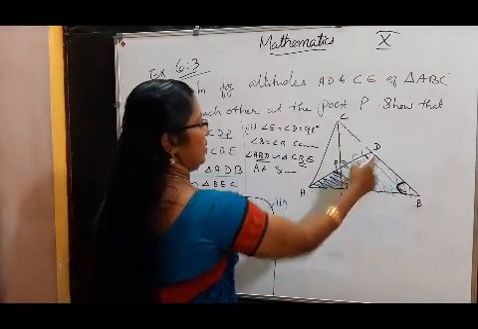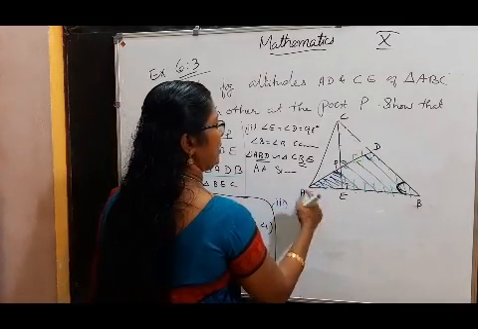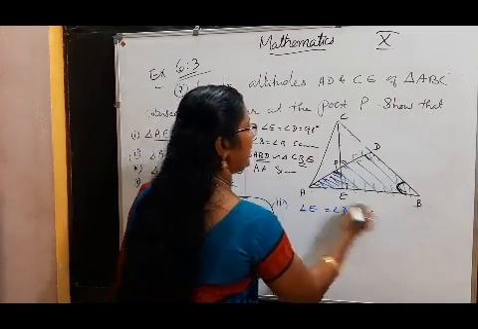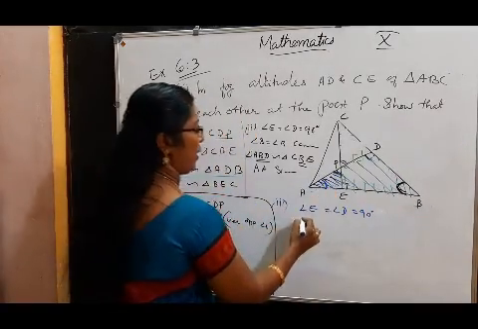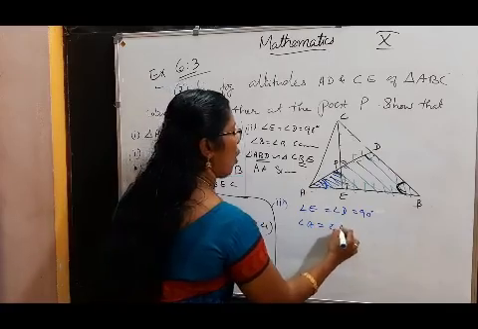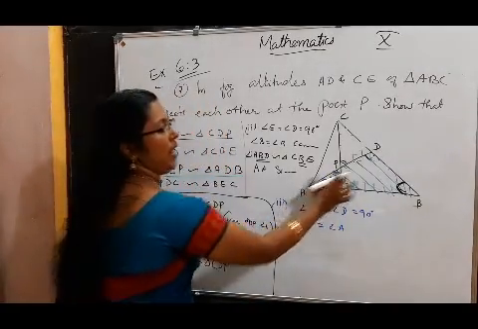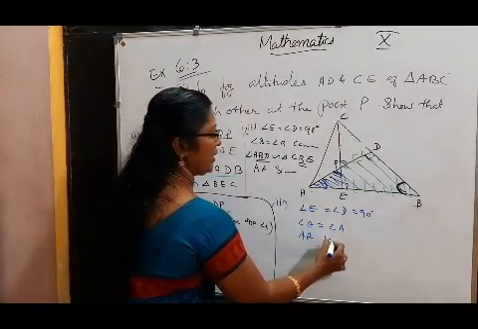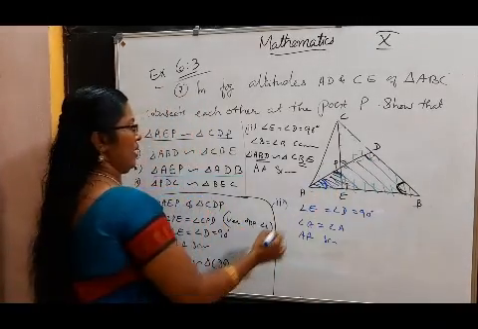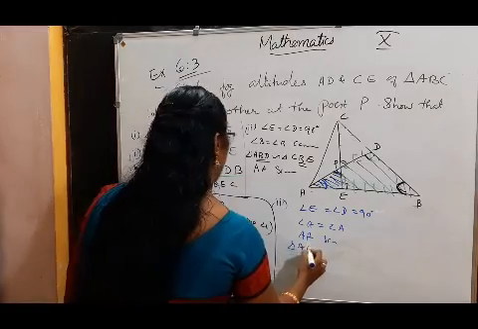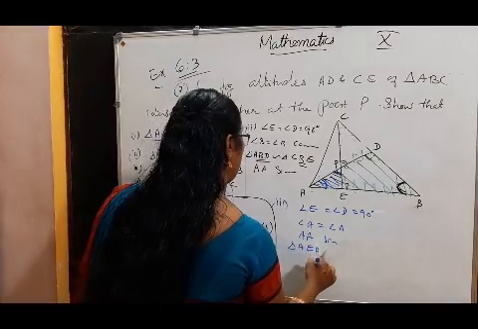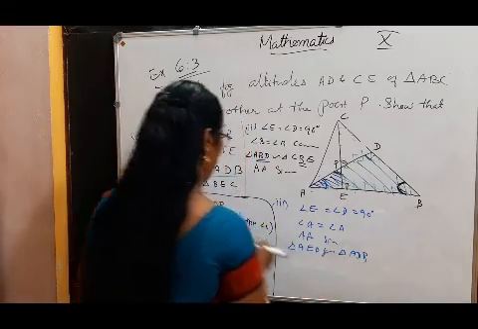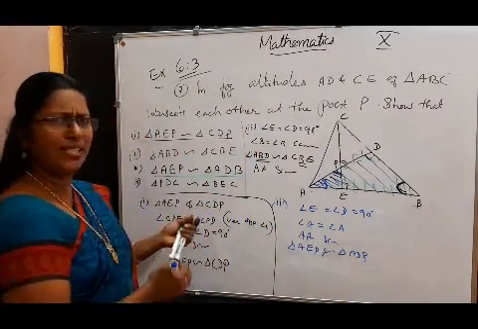In this triangle angle E and in this triangle angle D are 90 degrees, and angle A is common to both the triangles, this small triangle and the larger triangle. By AA similarity criterion, these two triangles are similar. Triangle AEP is similar to triangle ADB. It is a simple question.